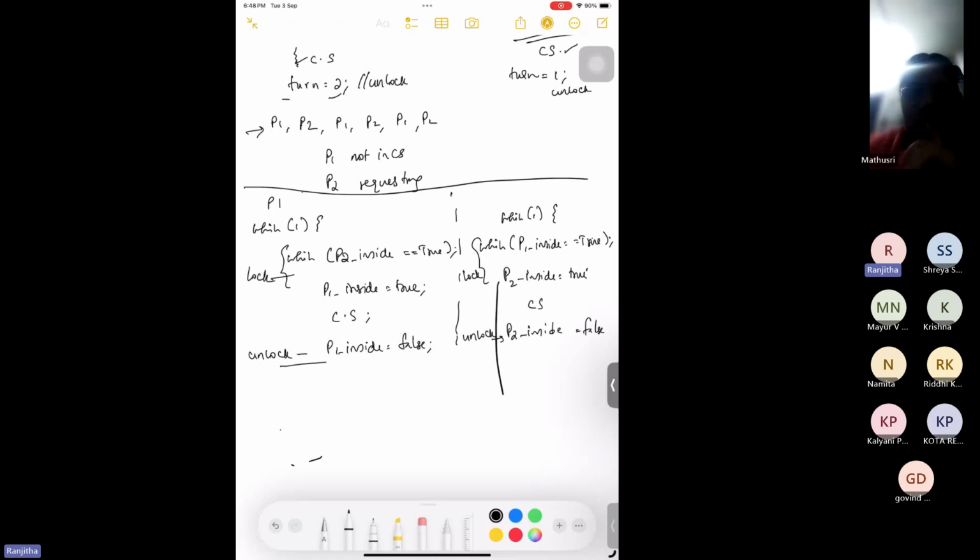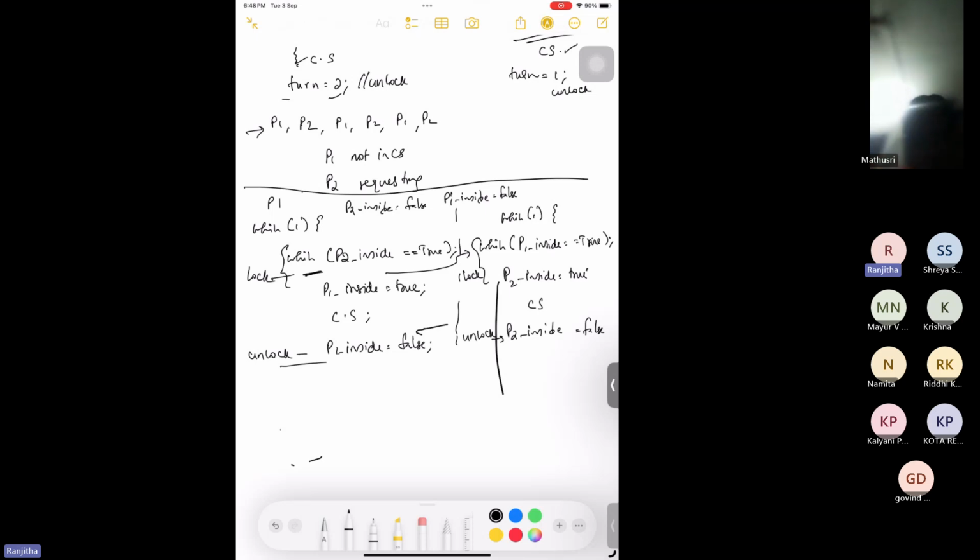Okay. So in this scenario, as we have already seen, there is a possibility that after this while, a context switch happens and it goes here. Initially we have both P2 inside equal to false and P1 inside equal to false. So P2 inside is false, and it will come here.